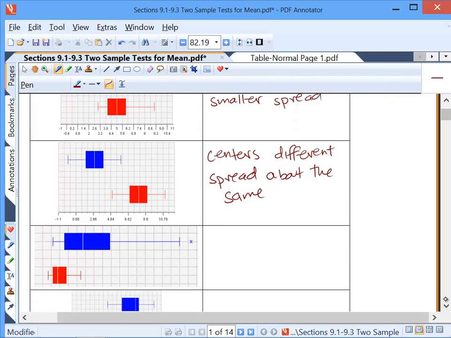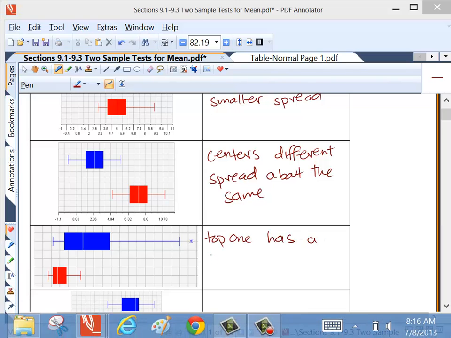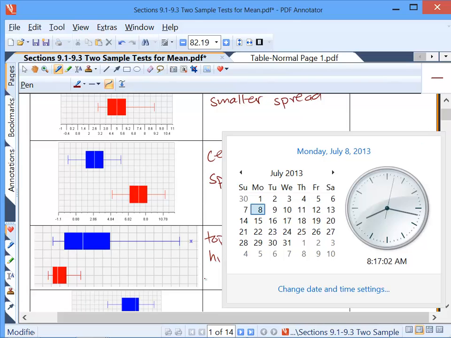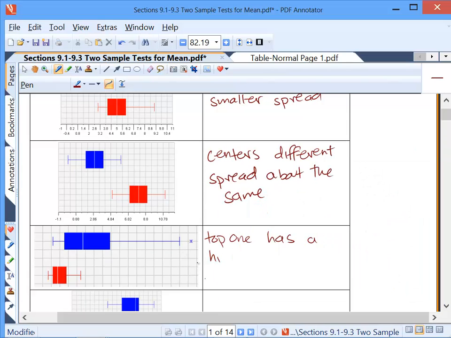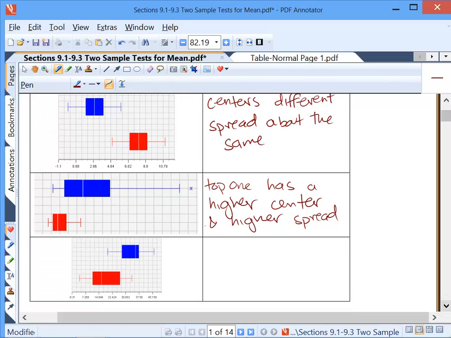So this next one, it looks like the top one has a higher center, and higher spread. And what else does the top one have? An outlier. And a potential outlier.